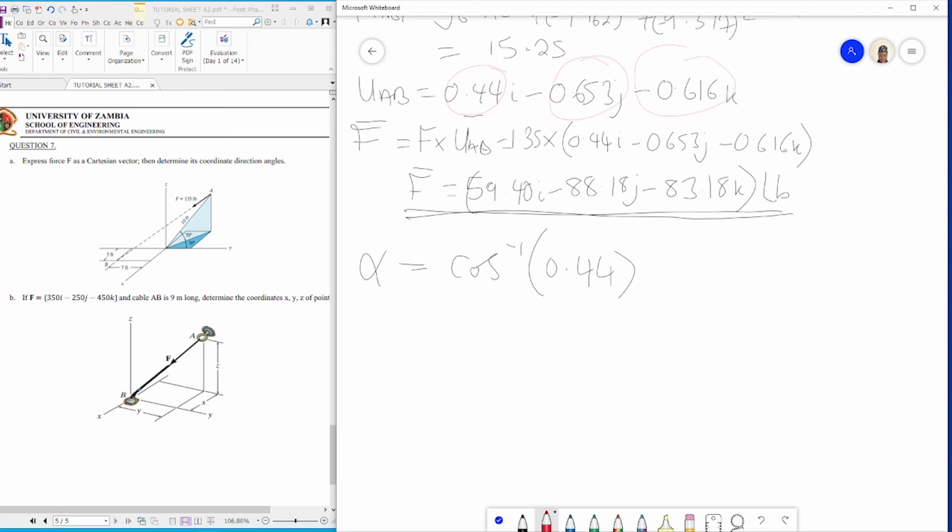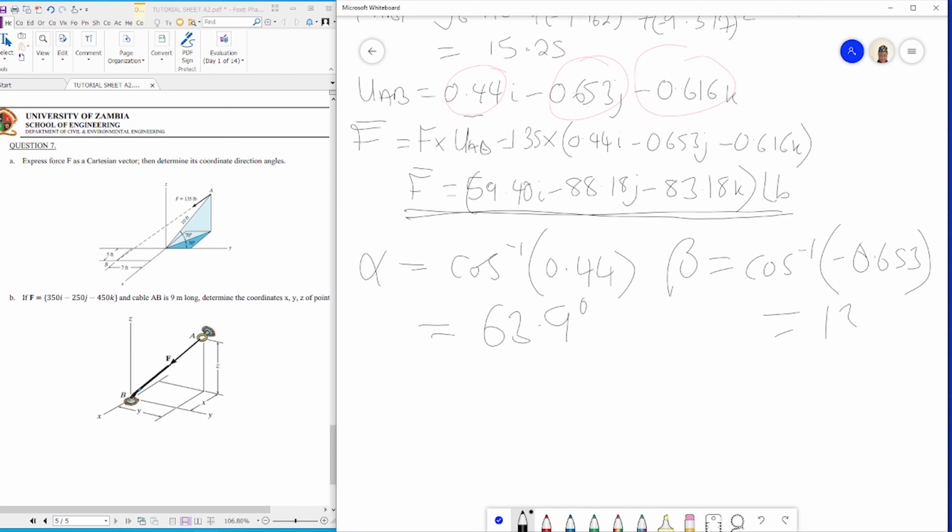So beta is equal to cos inverse of minus 0.653, which gives 131 degrees, and alpha is 63.9 degrees.